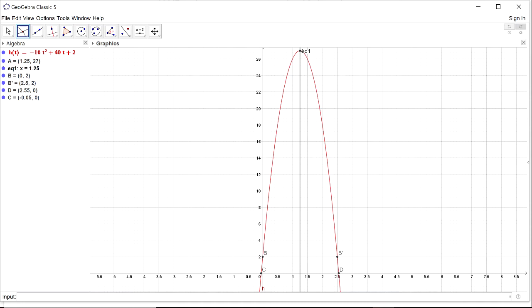And just to make our graph a little bit easier to read, I'm going to go ahead and hide a lot of the points that we already looked at and just leave the function graph over here. That way we have less distraction. And if t equals 2, that means I'm tracing along the graph until t equals 2.